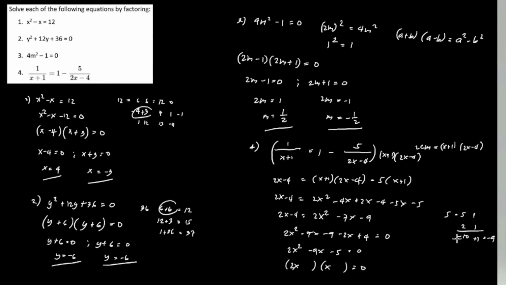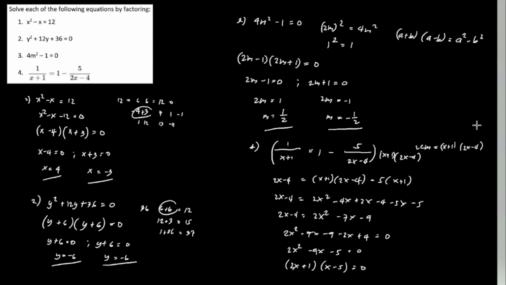We will use the factors 5 and 2 and 1 times 1. So 2x, and this should be 5, and the sign is negative. This one is negative, and this is positive 1. And 2x plus 1 times x minus 5 is equal to 0.